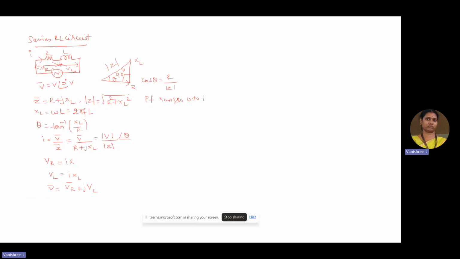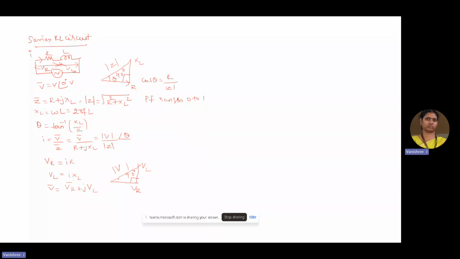And now we can also construct a voltage triangle taking the individual voltage drops. VR is always taken along 0° and VL is taken along 90° with respect to VR, and the hypotenuse is the supply voltage.